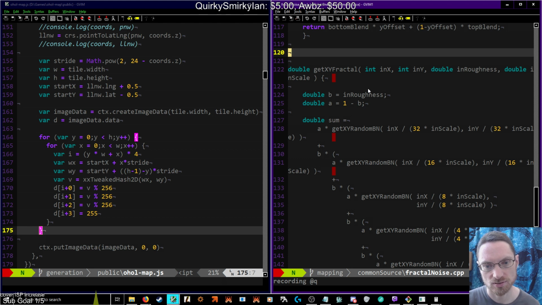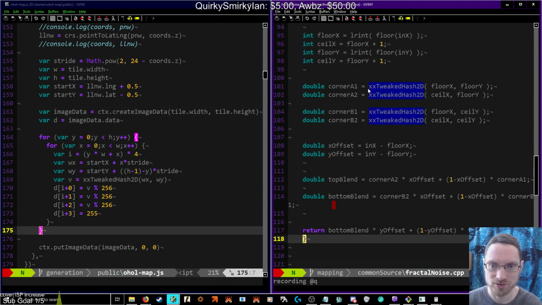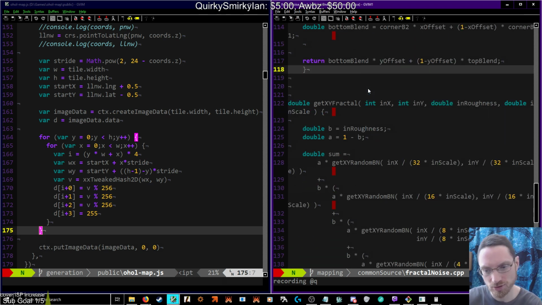Huh. Why do we need sub-integer precision on this? I mean, I get these are like floating point parameters.